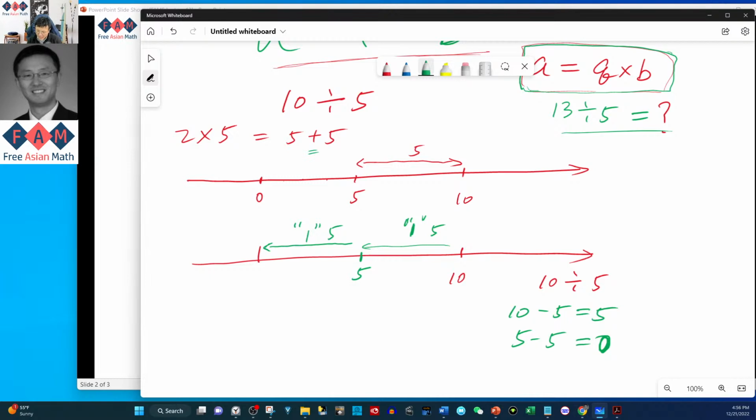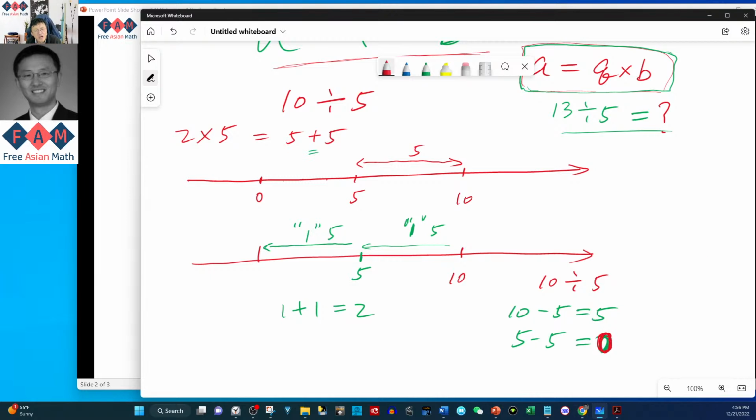So, as we see, we have subtracted 2 copies in total. Why? Because 1 plus 1 equals 2. We subtract the first copy, and then yet another copy. So in total, we have subtracted 2 5s from 10, and we arrive at 0.